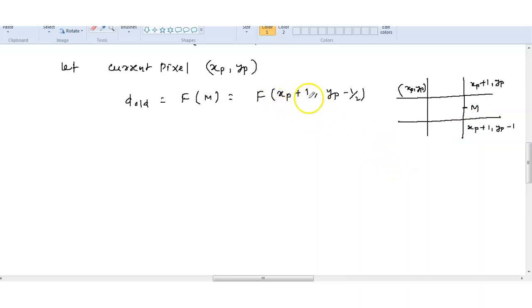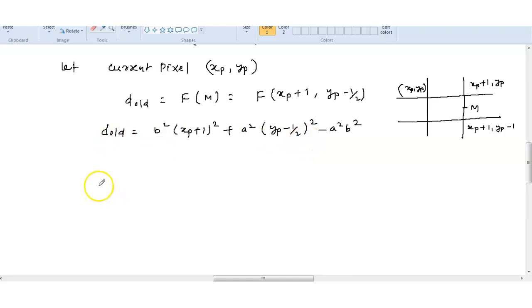So we'll substitute this in the equation of the ellipse. This d old will become b square (xp plus 1) whole square plus a square (yp minus half) whole square minus a square b square.